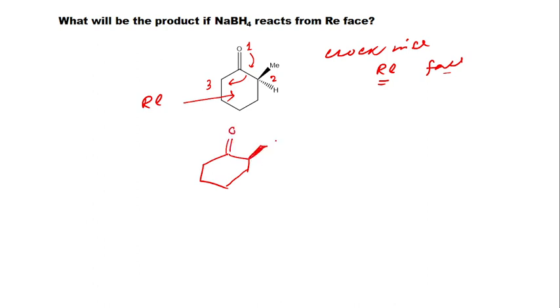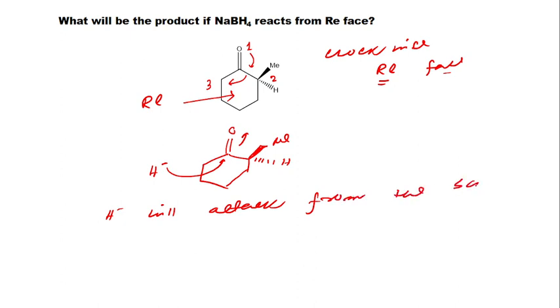So this is the methyl group. This is the hydrogen. So we know that this is the re face. So hydride will attack from the same side as the methyl. Re face means hydride will attack from the same side as the methyl.